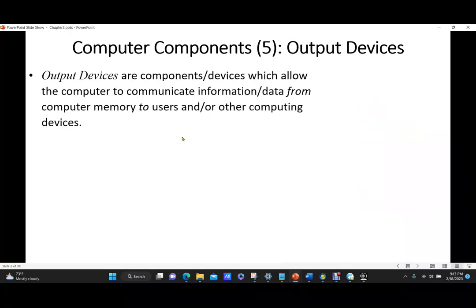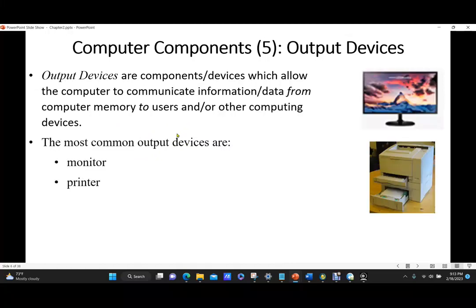Output devices are used to transfer data information from inside the computer to the outside world, to the users, or to other computing devices. The most common output devices are monitors and printers.